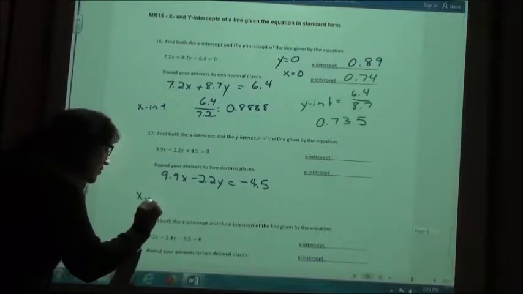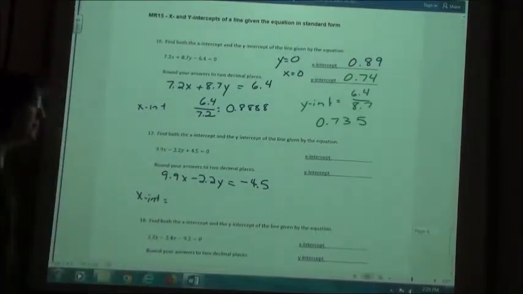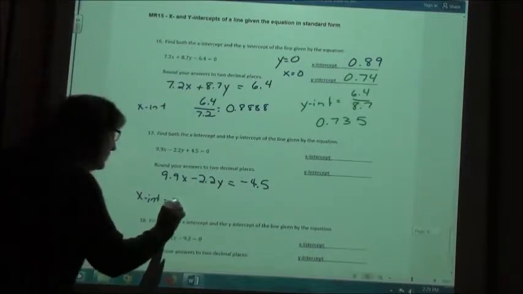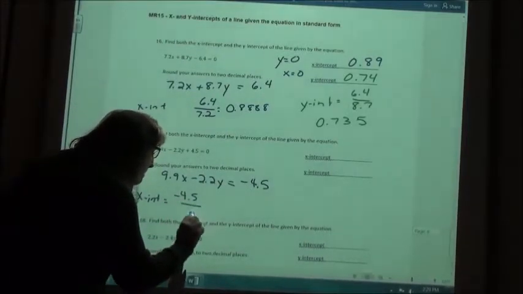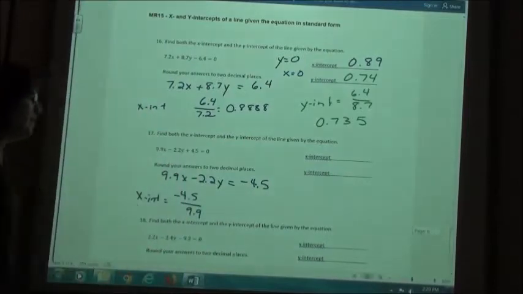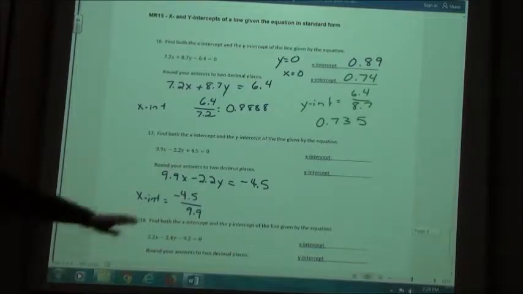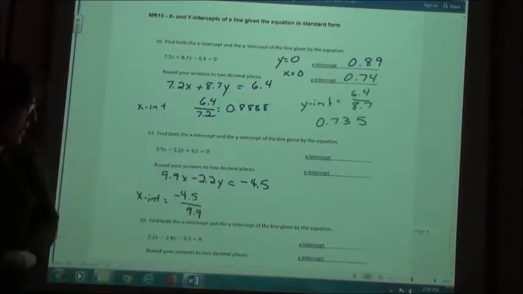So what am I going to do to find my x-intercept? Negative 4.5 divided by 9.9. Yep. Negative 4.5 divided by the 9.9 that's in front of my x. Y is 0, it's gone, so I just end up dividing.